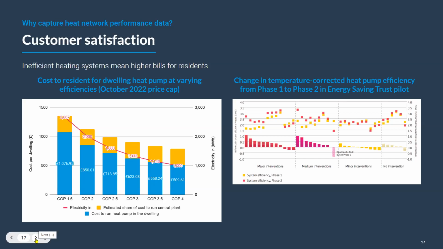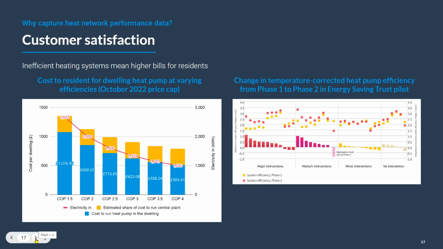We've used the October 2022 price cap to show the varying costs to the customer. And we've chosen 4,000 kilowatt hours here because that's Ofgem's middle scenario for heat consumption from a gas boiler. But regardless of the amount of heat consumed, you'll see the same curve. Heat pumps with a lower COP require a lot more electricity to meet the heat demand than heat pumps that are more efficient.